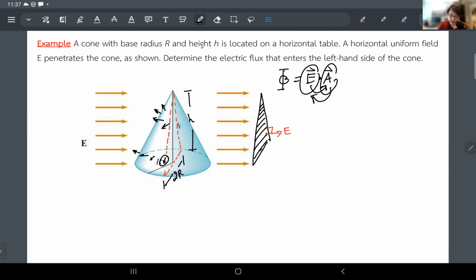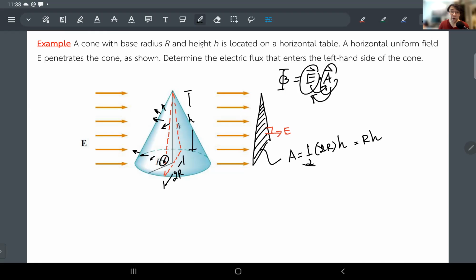So the area of this triangle is going to be one half times base times height. That gives you the A. With me? Okay, cool. So the 2 cancels, that's RH.